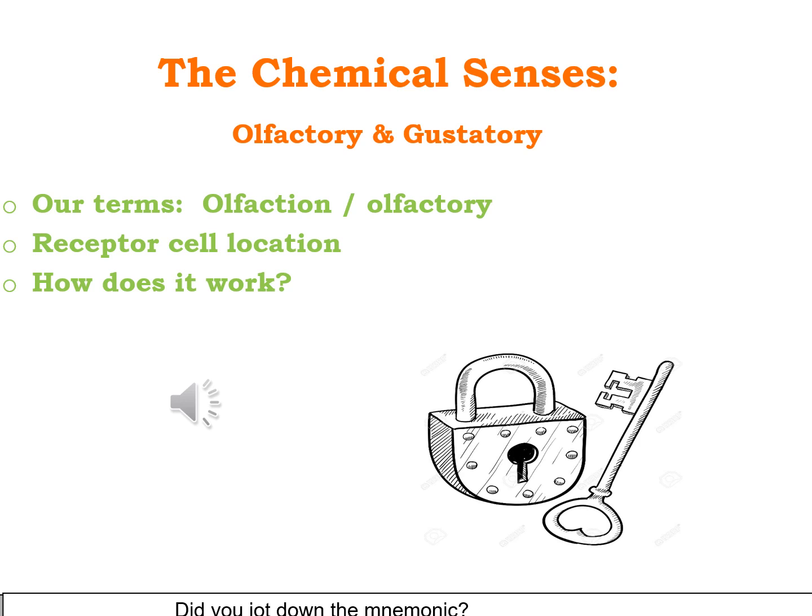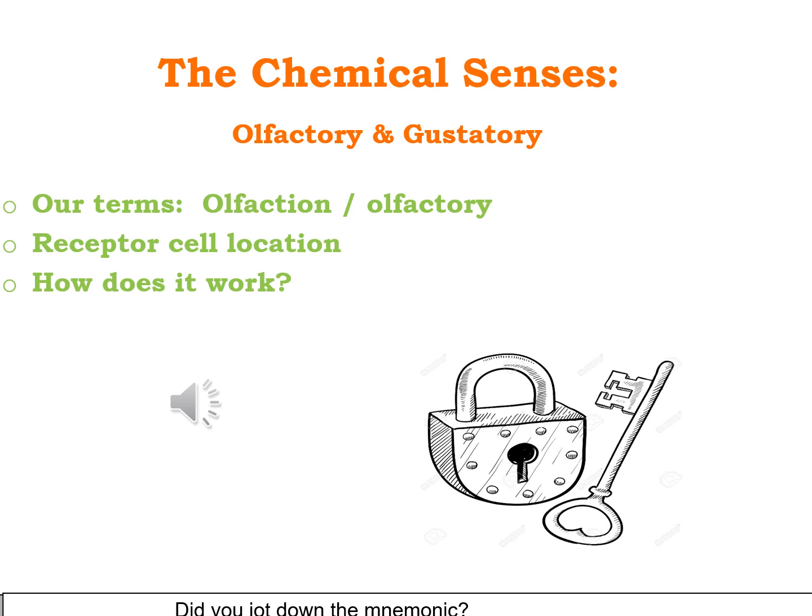Maybe they make kimchi or fertilizer, but picture a very smelly old factory. And if you do that, you'll never say that gustatory is a sense of smell because you'll use your mnemonic, olfactory, sense of smell.